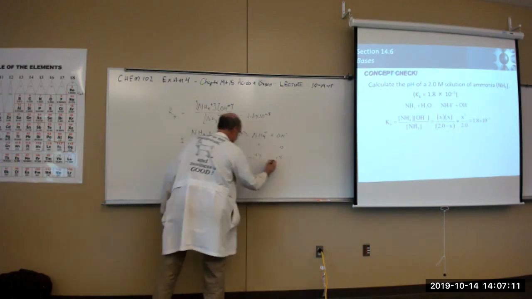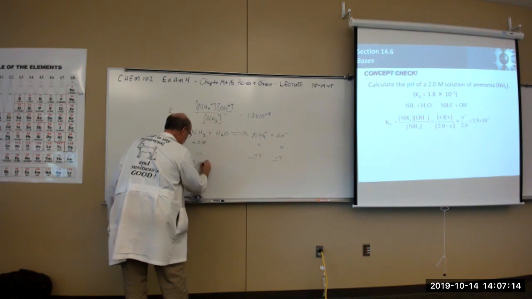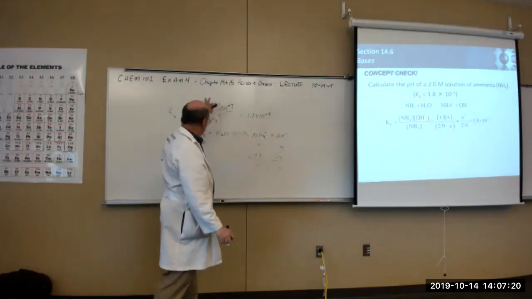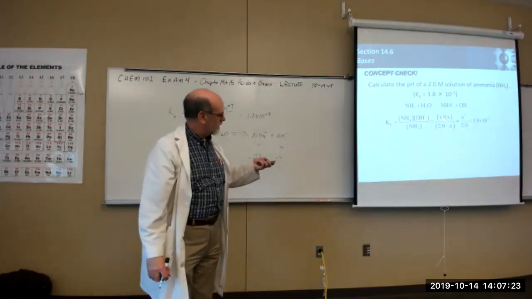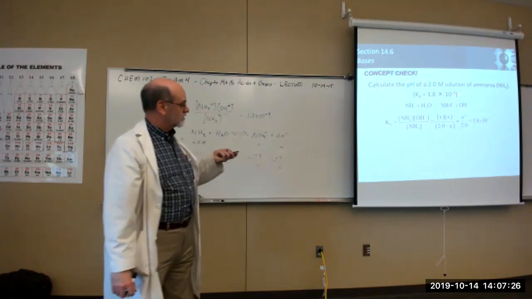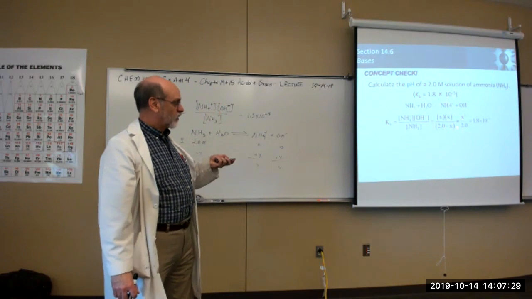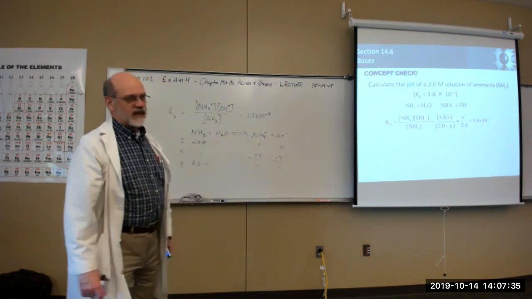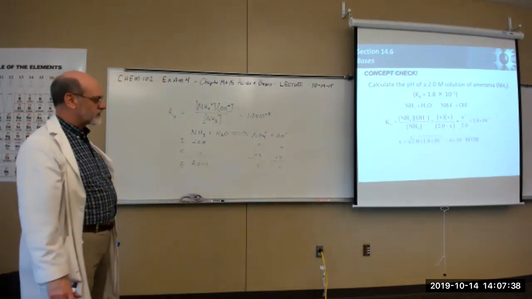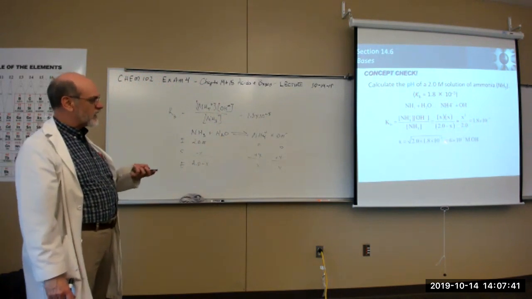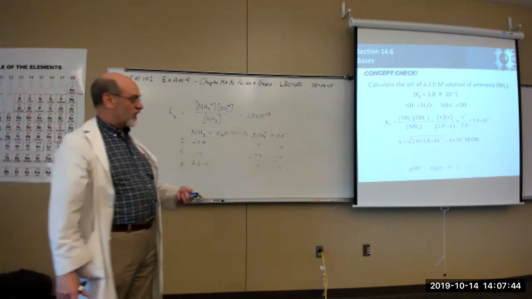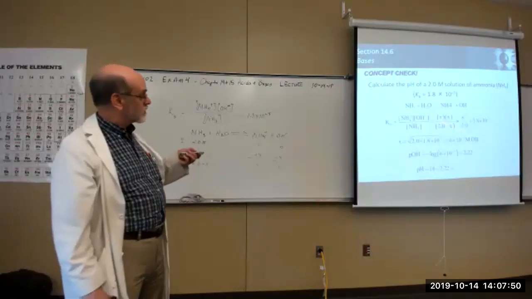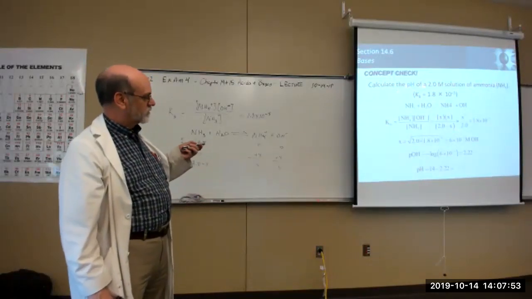So this is going to be 2 minus X. This is going to be X and X. So X squared is on top, 2 minus X on the bottom. That's where this came from right here. Since it's weak, 10 to the minus fifth, we can ignore that X. So X squared, divided by 2, equals the Kb value. And you can calculate the X, right? So that's the concentration of OH. So we calculate the pOH from that and subtract it from 14, and we get the pH of this solution, 11.78. Okay?